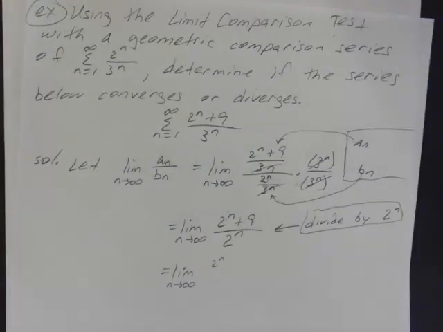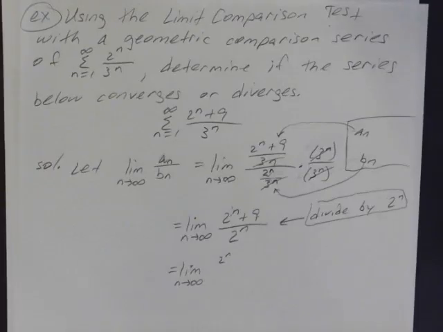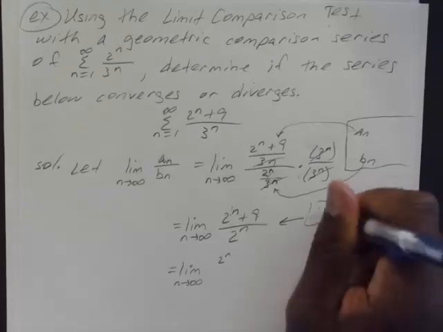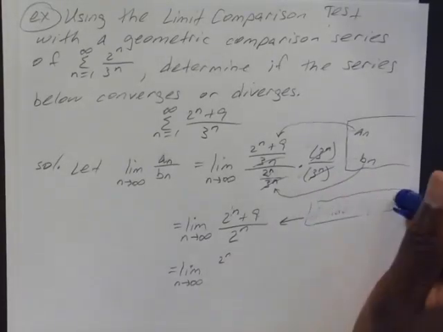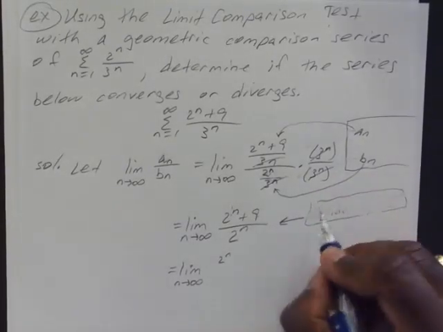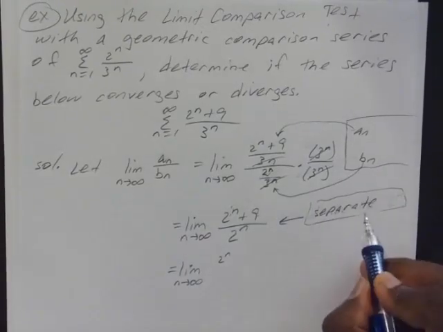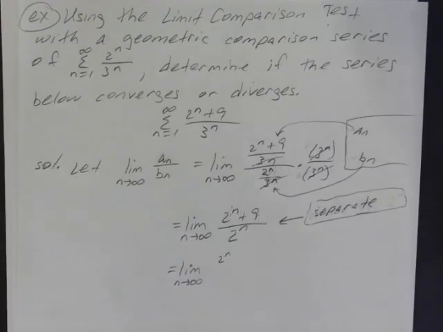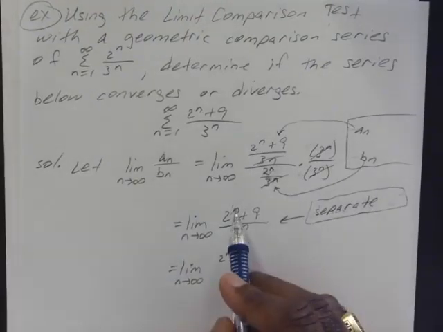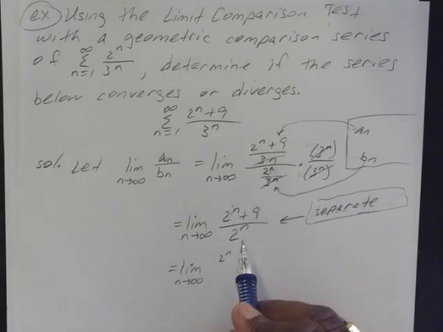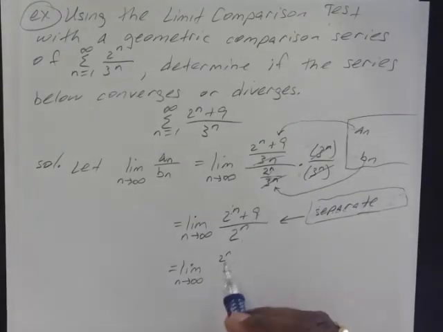Actually, we can do that a little bit easier than rewriting it that way. We can just separate them all. Save a little bit of work, because we'll get the same answer. So if we separate, we just have 2 to the n divided by 2 to the n plus 9 divided by 2 to the n, which is the same thing. Don't know why I didn't see that sooner.